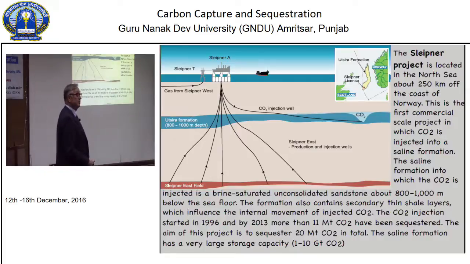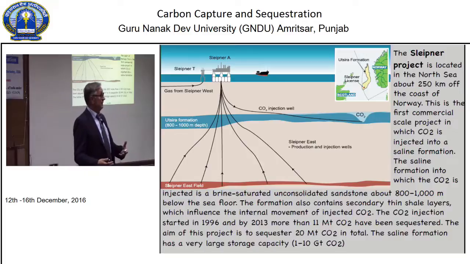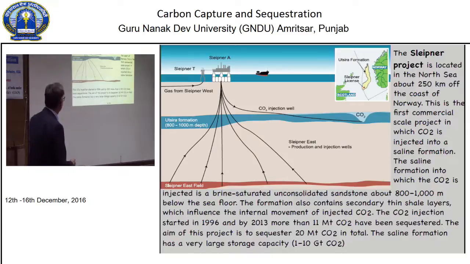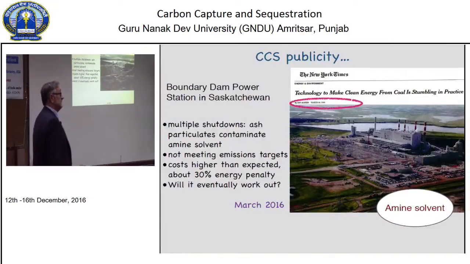It's highly monitored. The geophysics literature is filled with seismic and other studies of where the CO2 is and how it's progressing in time and how it's moving from fluids to bubbles to solubilized CO2. It's really a very exciting project off the coast of Norway. And it represents the prototype of what we could be doing worldwide.